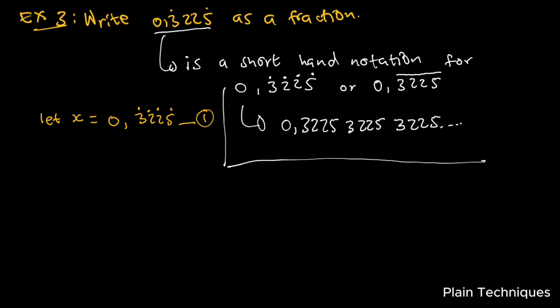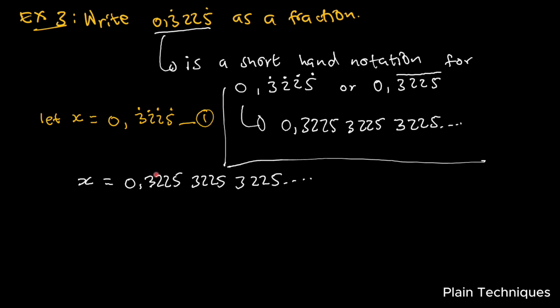Now, what is my equation 1? Equation 1 is x, and this can be written as 0 comma 3225, 3225, 3225, etc. So this is equation number 1.